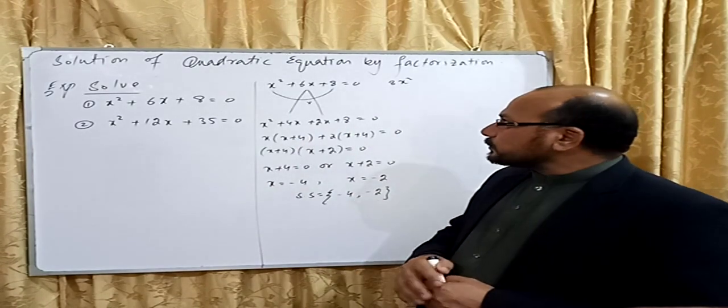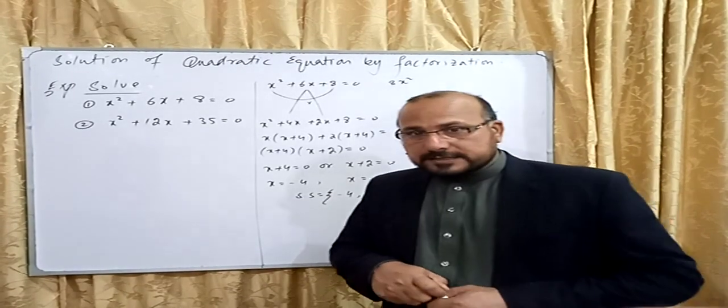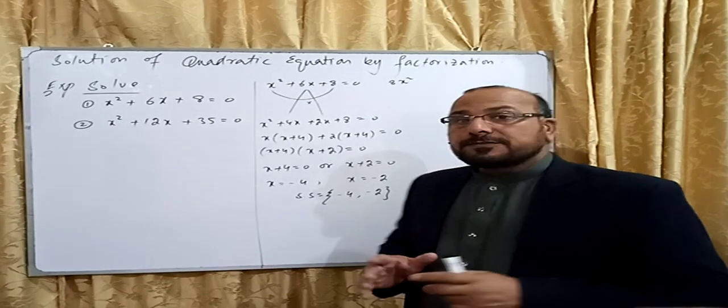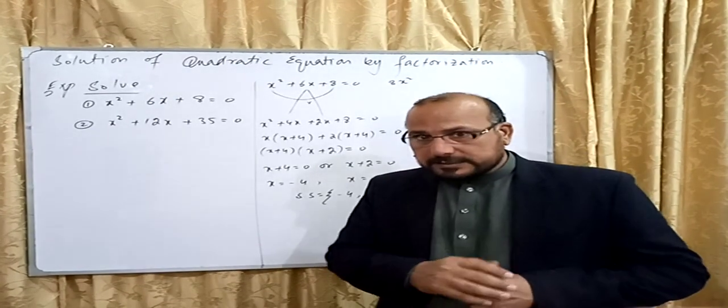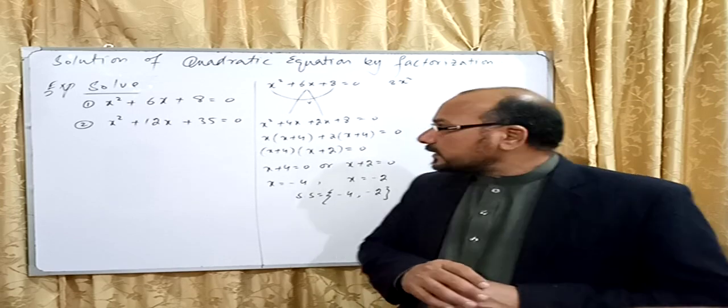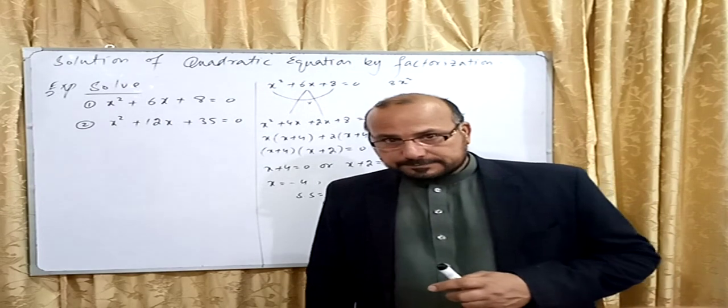Today I will tell you in this video how you can get the solution set by using the factorization method if possible. Let me tell you one thing, that it is not necessary that every quadratic equation can be factorized.